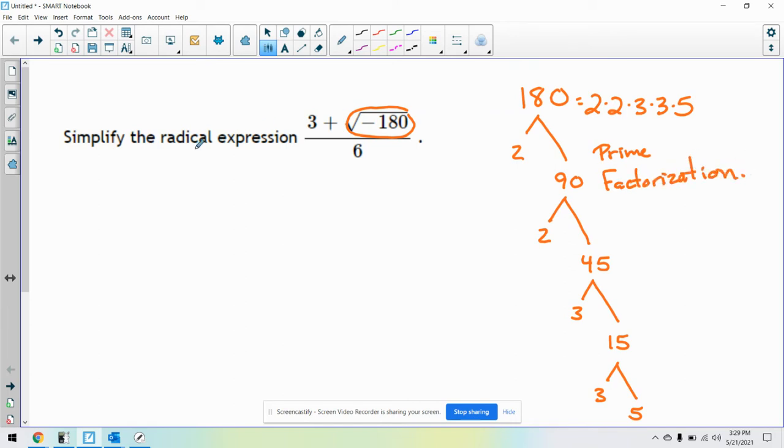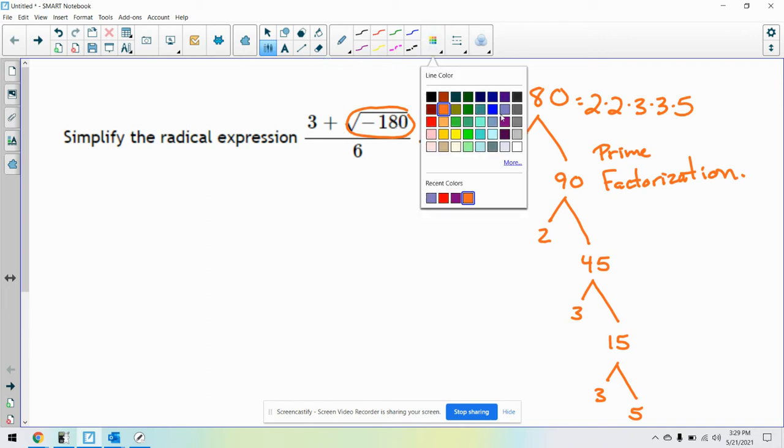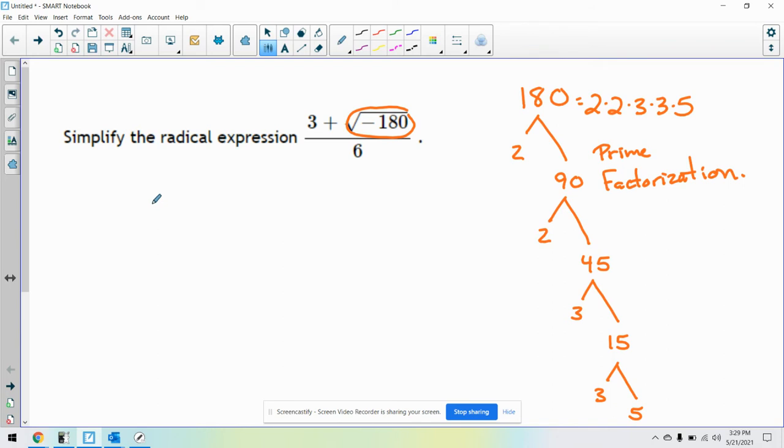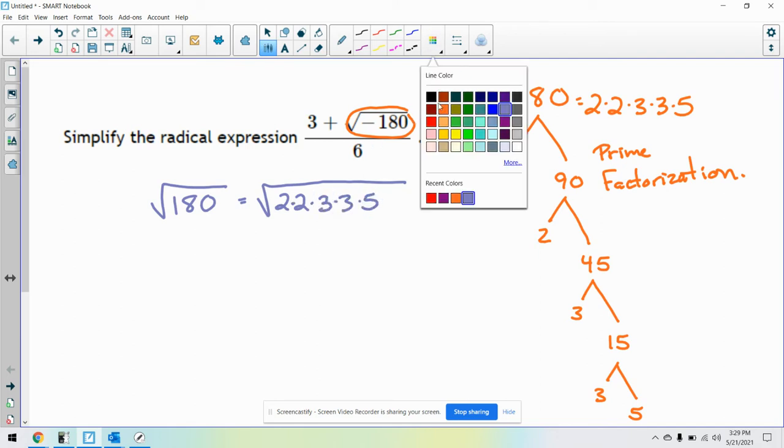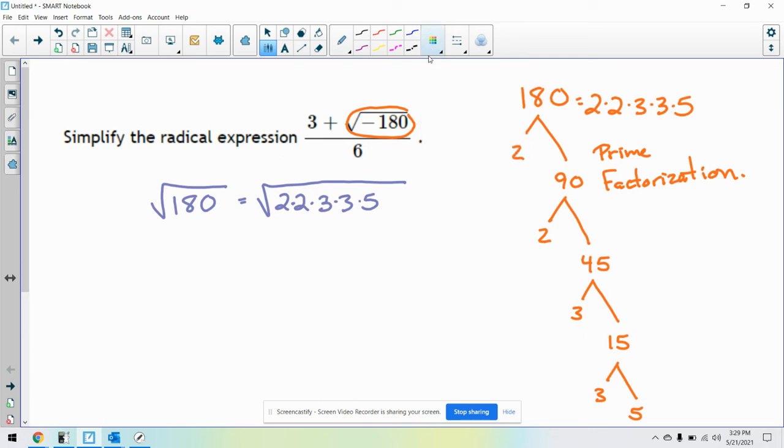Okay, so now what I can do is write the square root of negative 180. Just ignore the negative for right now. I can write the square root of 180 as the square root of 2 times 2 times 3 times 3 times 5. Since it's the square root, I'm going to take out groups of 2.